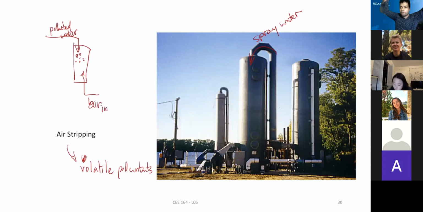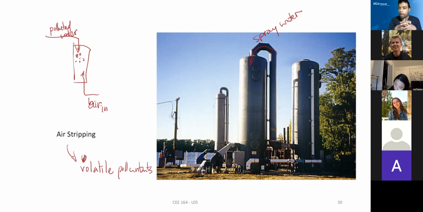You spray like a shower and you blow air from the bottom. These water droplets will interact with the air, and the volatile organic pollutants will find that air-water interface and strip out of the water. So the idea here is that you want the air-water interface to be as large as possible.